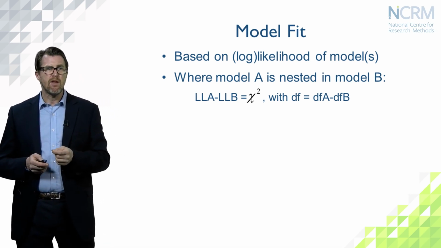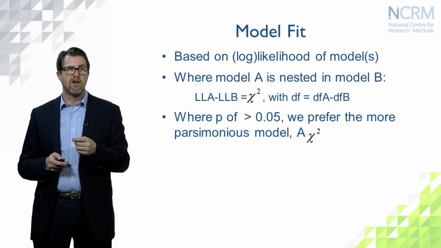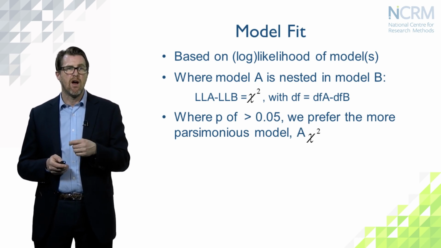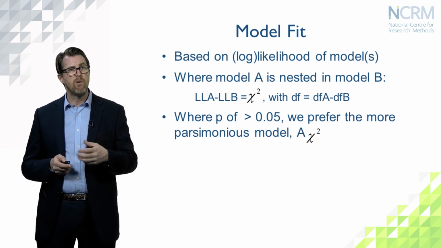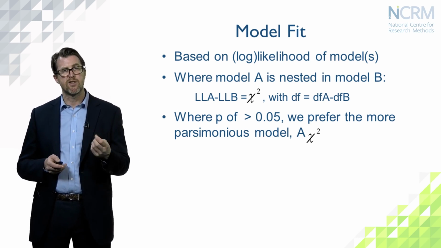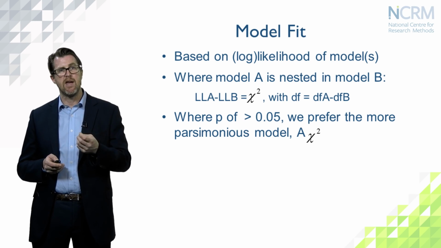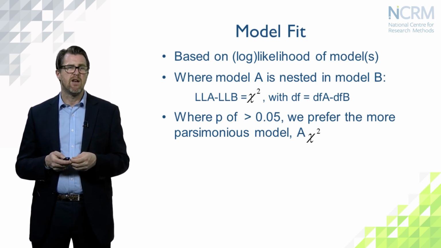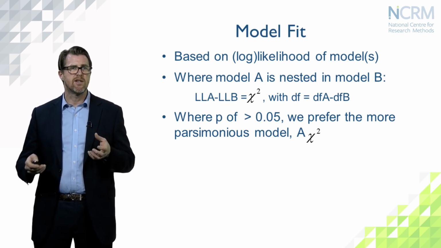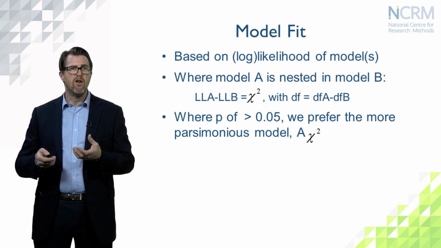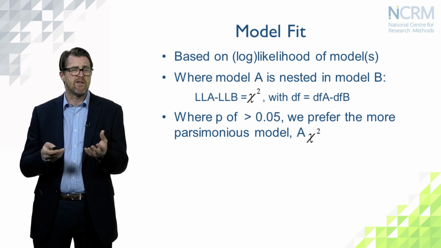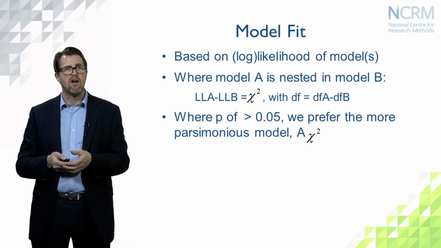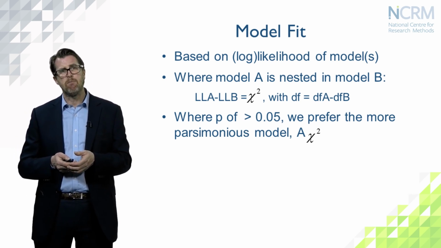Now, if our value of chi-square has a p-value greater than 0.05, then we will prefer the more parsimonious model, model A. Because what we're saying in this situation is that the models are not different with regard to one another's likelihood values. We say that the likelihoods are essentially the same.